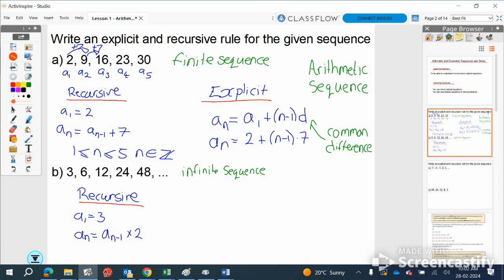Greater than 1. We could just define it without, couldn't we? N is any of the positive integers. You don't even need the greater than 1. That would be sufficient. Why is it greater than 2? Because it can be 1. It can't be 0.